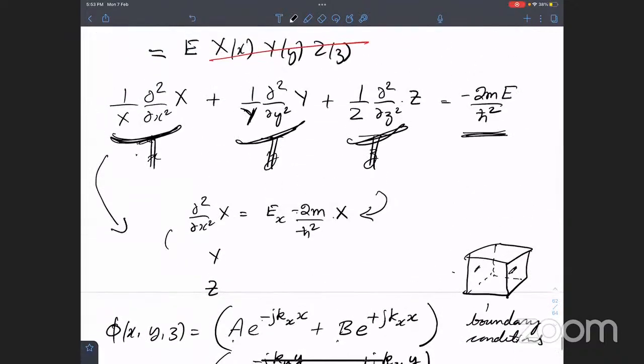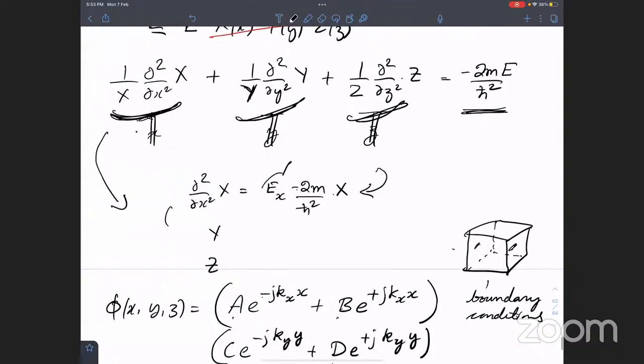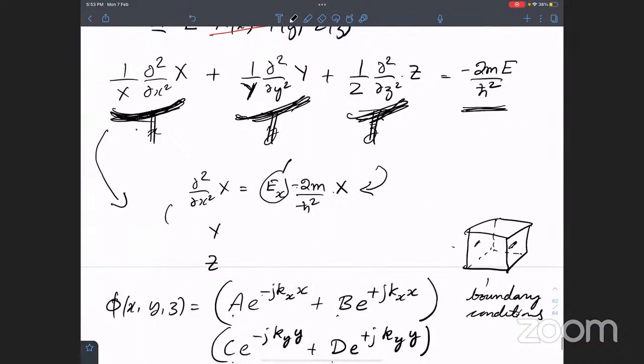What are these Ex, Ey, Ez? Those are the constants that were introduced, right? And if I add all of them, I need to have the units preserved, right? So for example, what I said is this entire term is minus 2m Ex by h bar square. That's a constant that I assigned to it.